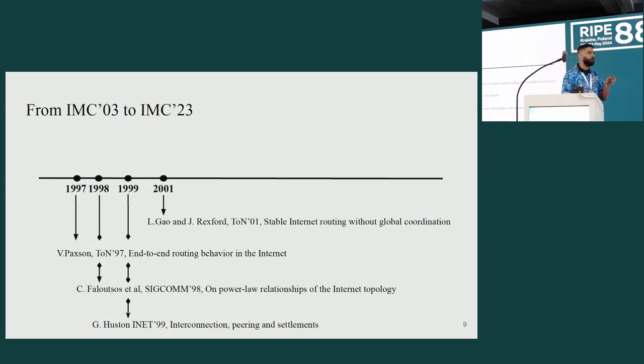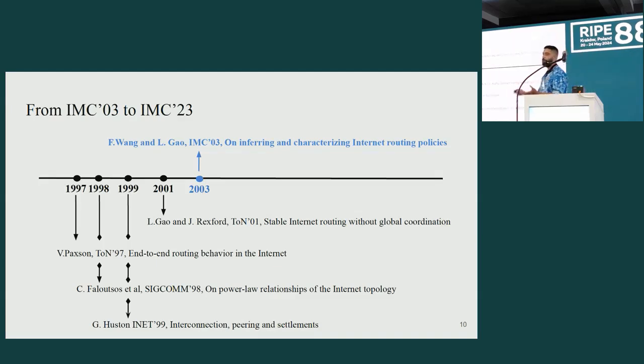And that work was primarily based on business relationships among ASes. 2 years later, Wang and Gao actually observed the internet routing policies at the time, and they saw whether the ASes of that time obey the Gao-Rexford rules.